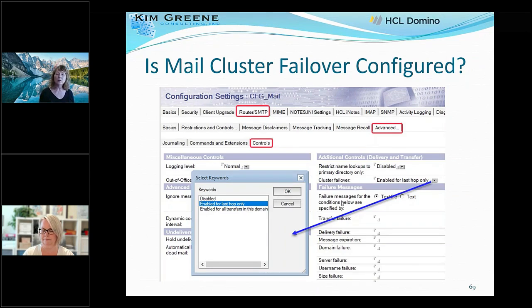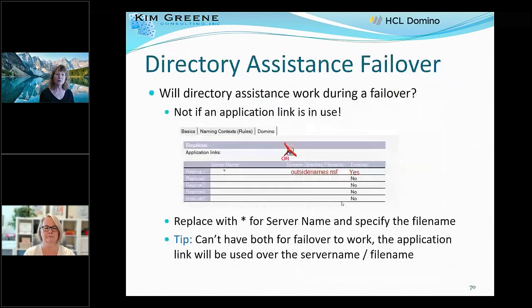And what you want to do is make sure it's enabled for last hop only. What that will do is allow the server, wherever the mail came in from, to look and say, okay, here's the user's home server. Well, that home server is not available. What other servers are on the cluster that the user is connected to? And then it can actually route the mail to that server. So just make sure you're having seamless mail flow to your end users.